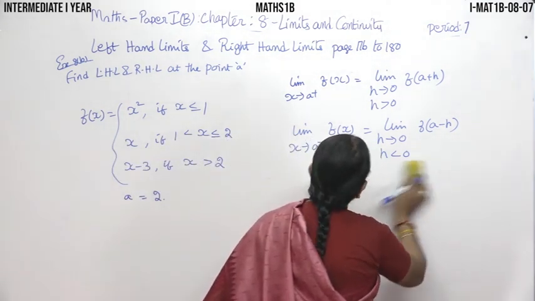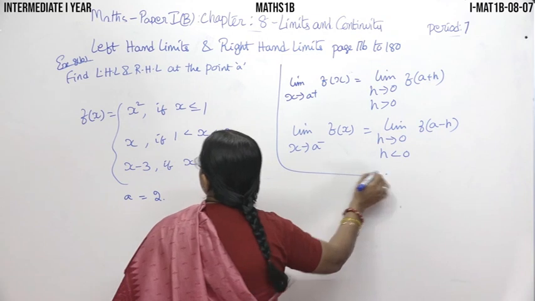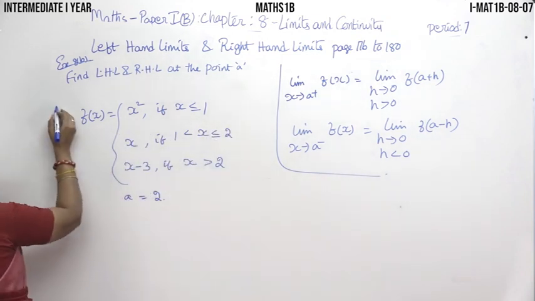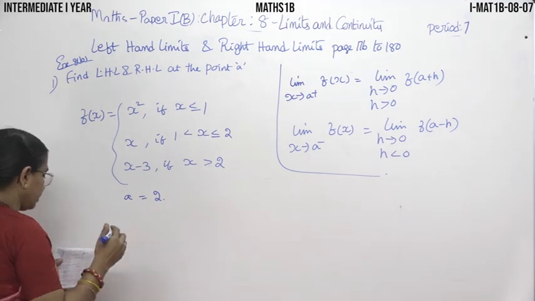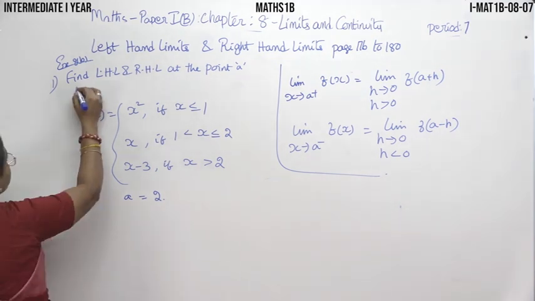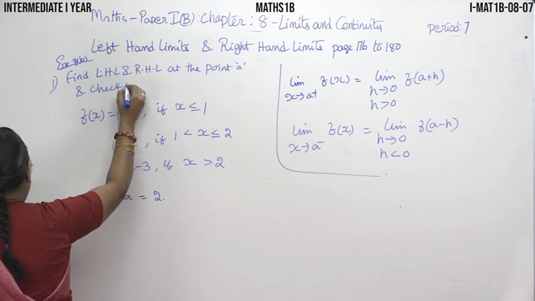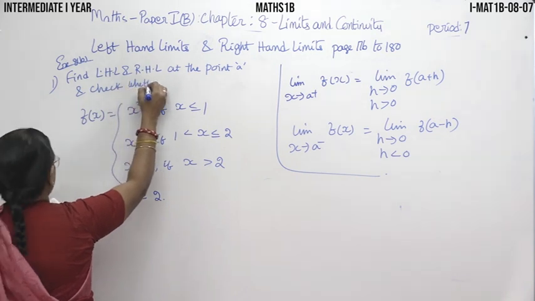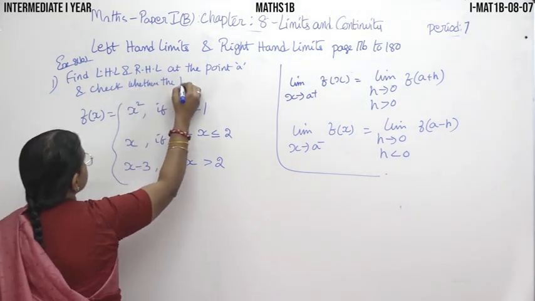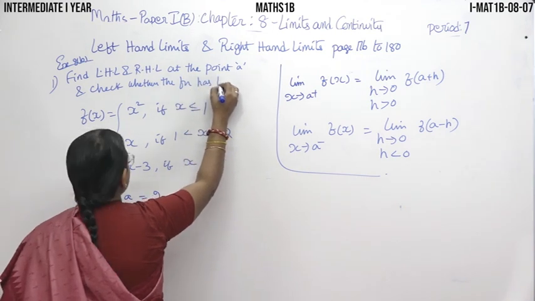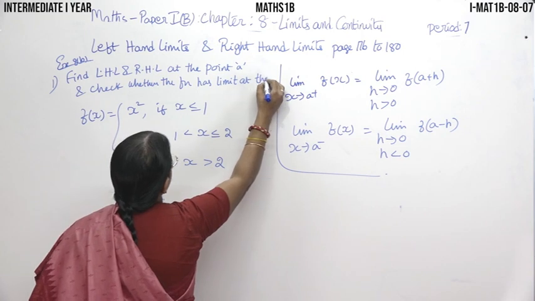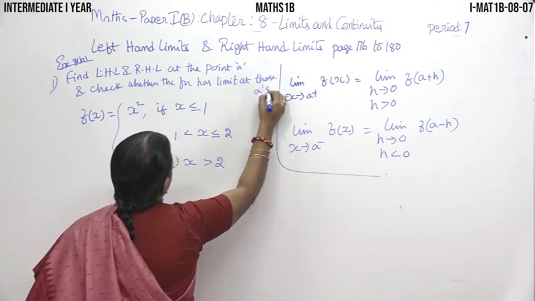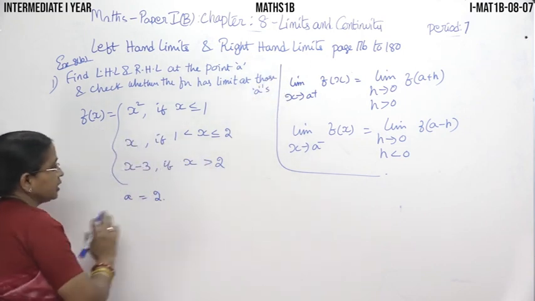Okay, so now these are the steps. First problem: find the left hand limit at the point A and check whether the function has a limit at those A's, whatever A's are given. So here A is 2.